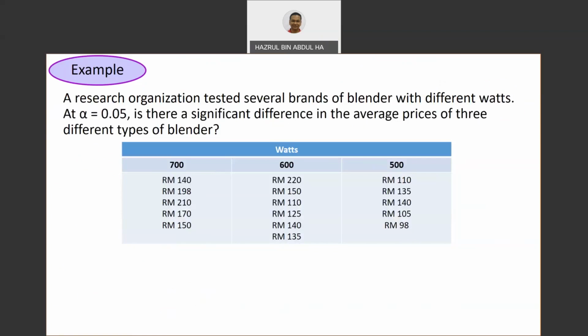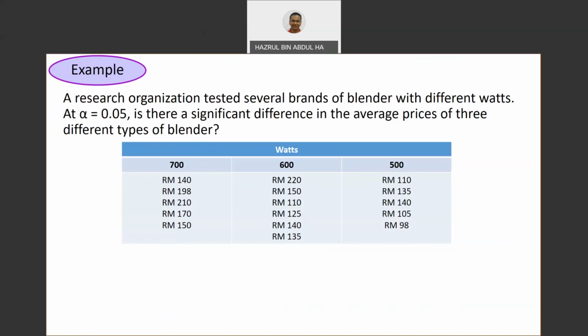In our previous lecture, we rejected H naught and concluded that there are significantly different means between these three groups. But now you want to know which groups are significantly different. Unfortunately, the sample sizes are different.